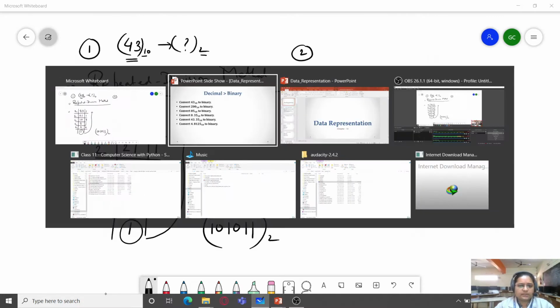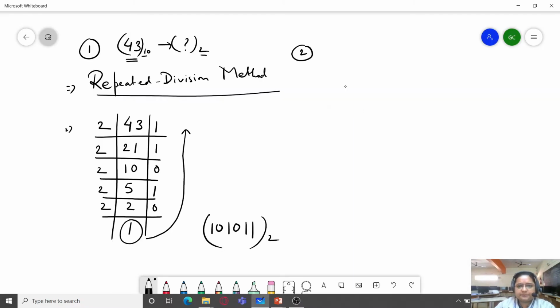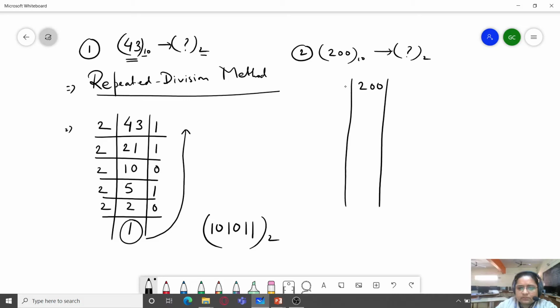Let's do another one. 200. Again we will write 200 like this. When you divide any number by 2, you are bound to get the remainder as either 0 or 1.